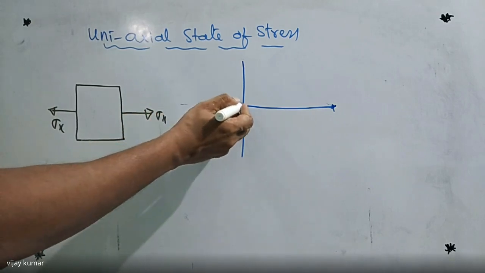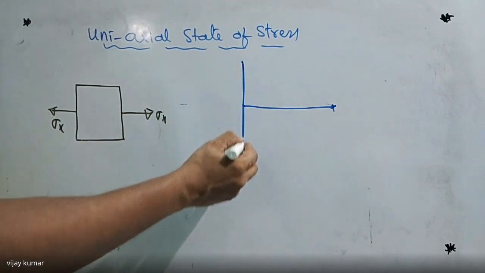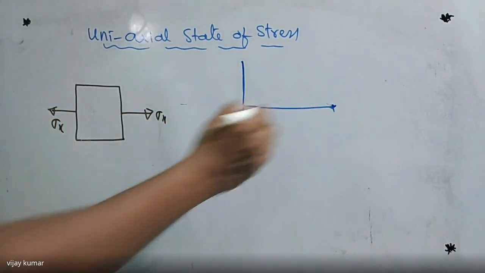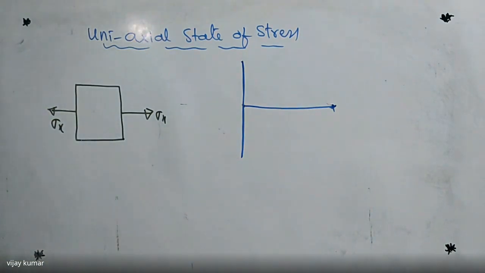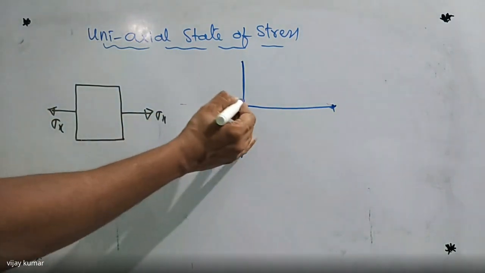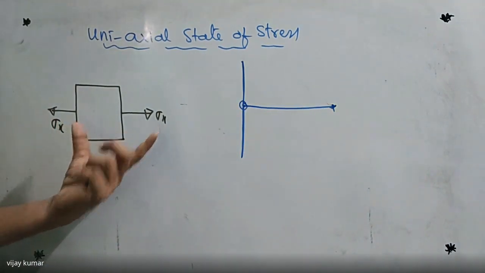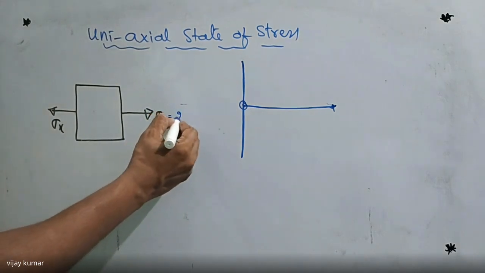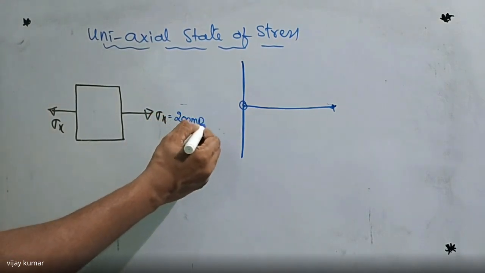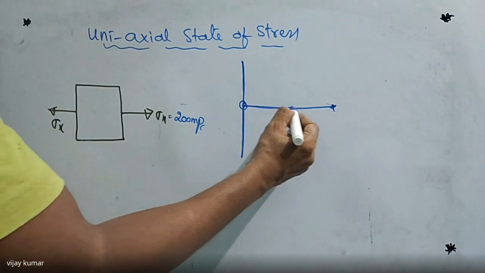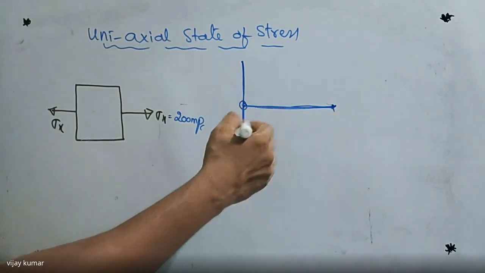So I'm going to take this as the vertical plane, this as the horizontal plane, which belongs to positive stresses. So here, this is the reference point. I'm going to take this magnitude, for example, sigma x is equal to 200 megapascals. I'm going to indicate up to this point with a suitable scale.